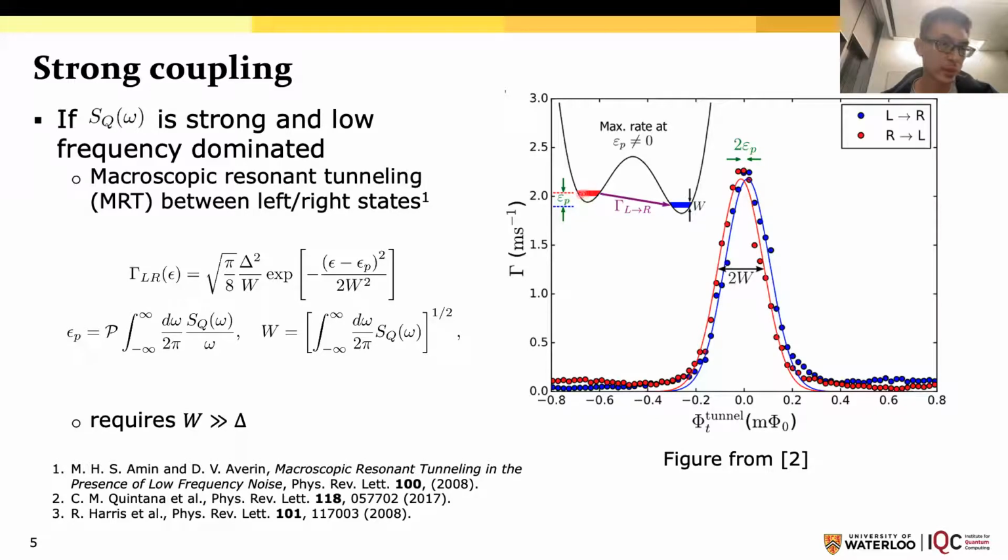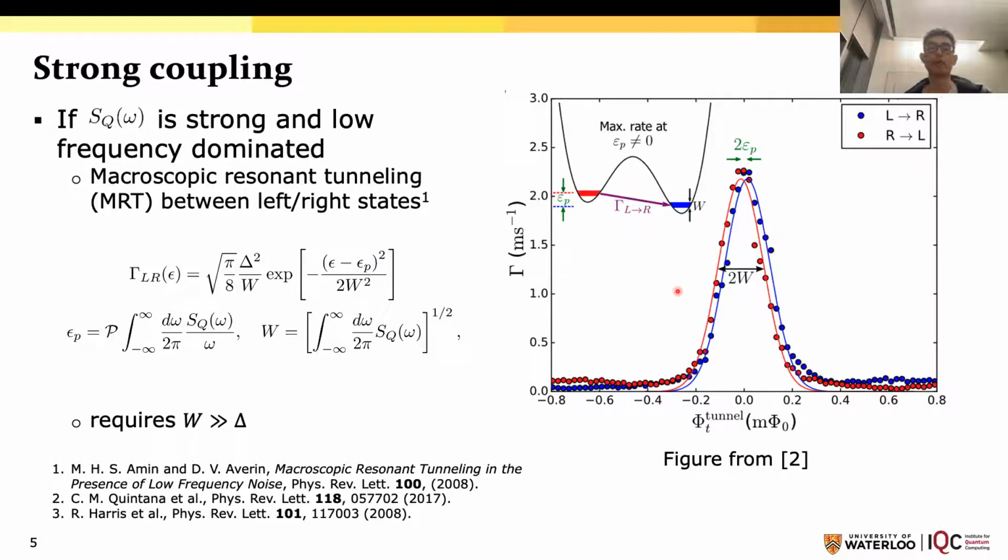We would see that the environment low frequency noise would first broaden the transition rate between the left and right, and then we'll also see that the maximum rate doesn't occur when the two wells are equal in energy, but it occurs with some bias epsilon p.